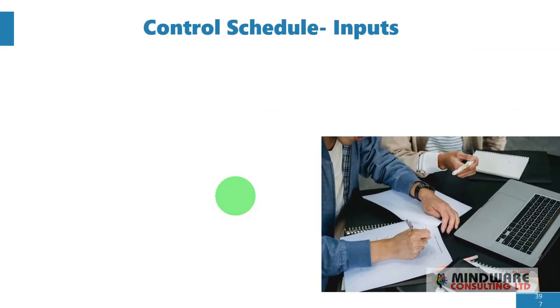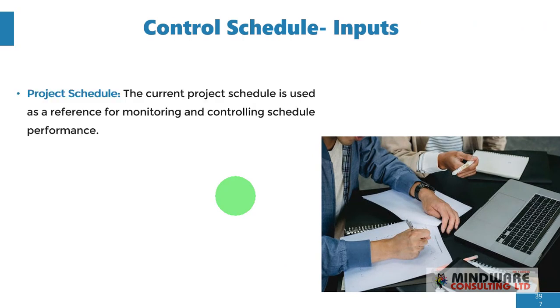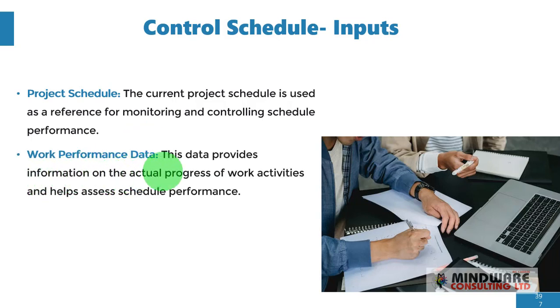So let's look at the inputs of the control schedule process. The first is the project schedule. This is the current project schedule that is used as a reference for monitoring and controlling the schedule performance. Of course you already have the project schedule, but to be able to control it, you need it as an input. Next, work performance data.